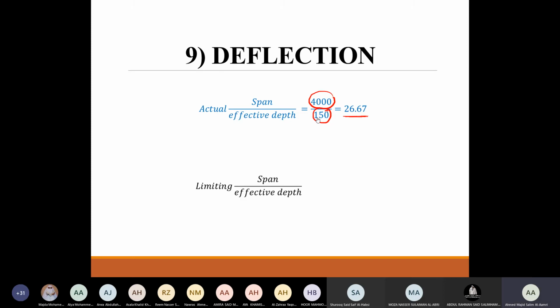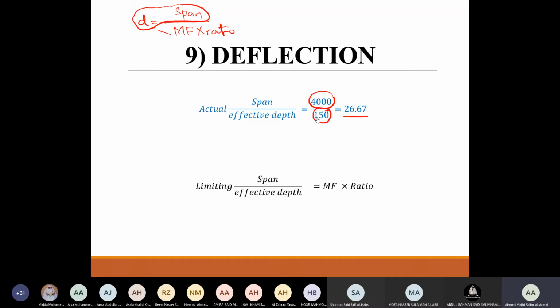How to calculate the limit? Now the limiting span by effective depth ratio is going to equal modification factor into ratio. If you remember, we said d is equal to span divided by modification factor into ratio. Now what do I want to calculate? I want to calculate span divided by depth only.